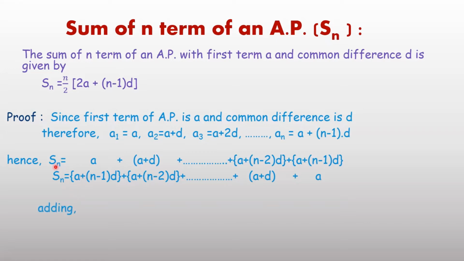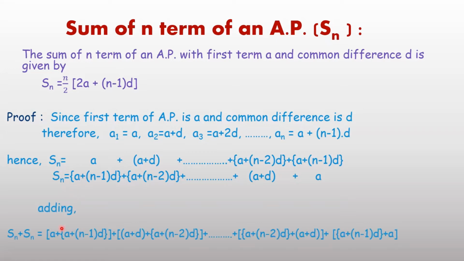If we add these two, Sn plus Sn, then check the RHS. a plus n minus 1 into d, plus the addition of the second term of both written here, plus dot dot, the addition of the second last term is here, and the addition of the last term is written here.